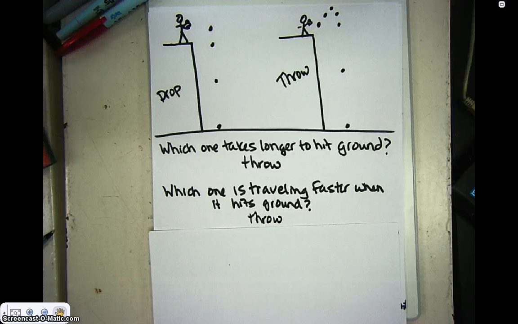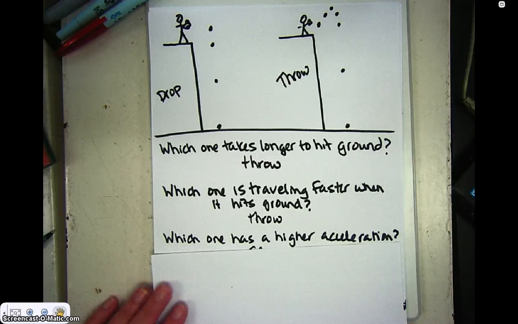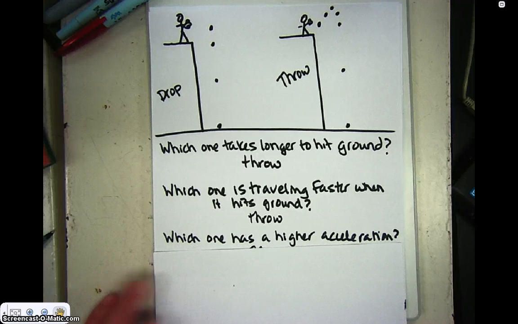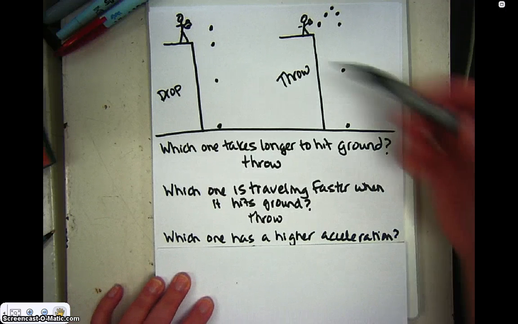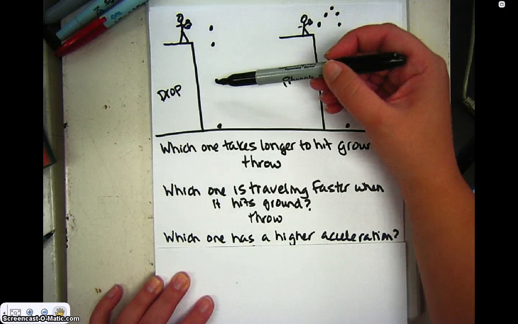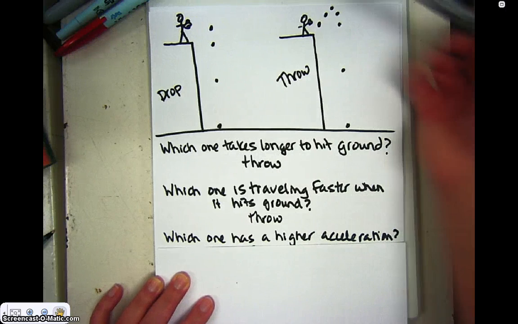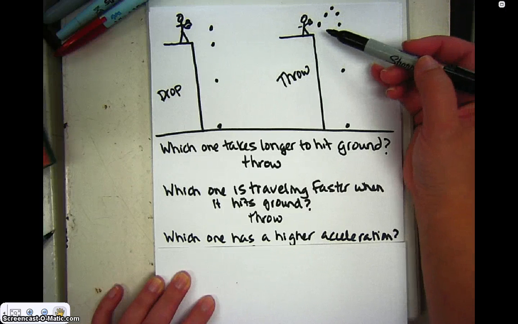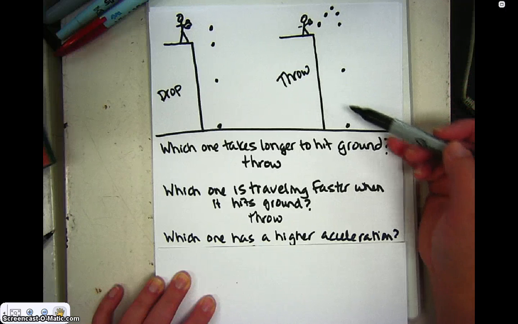Okay. Now, a next question is, which one has a higher acceleration? So if we think about what is causing the ball to accelerate in both cases. Here, as soon as I release the ball from my hand, it begins its motion, and gravity causes it to accelerate down towards the ground. Here, I throw the ball up in the air, and as soon as it has released from my hand, it flies up in the air and then falls back down towards the ground.